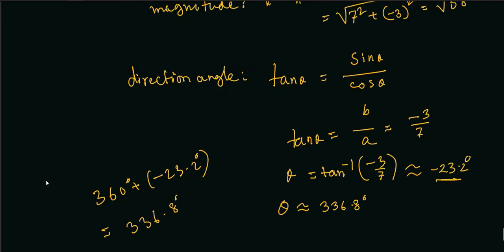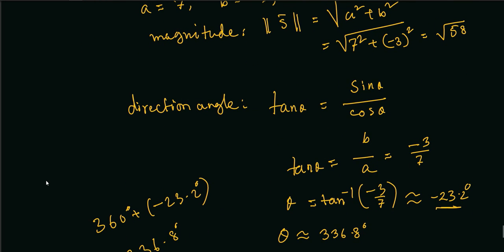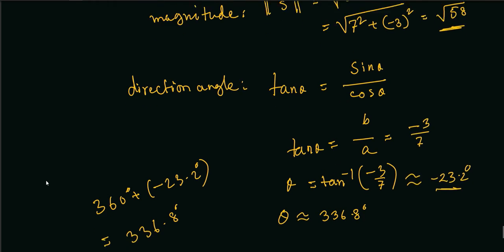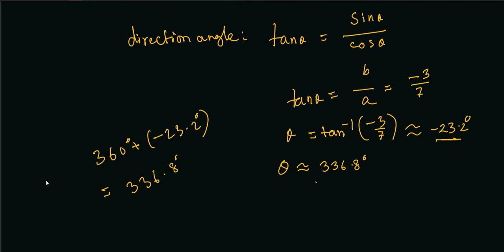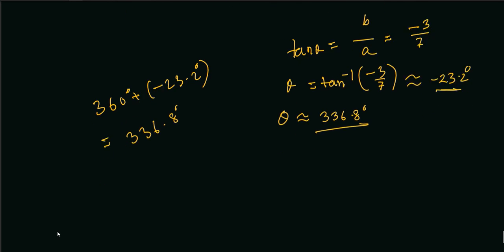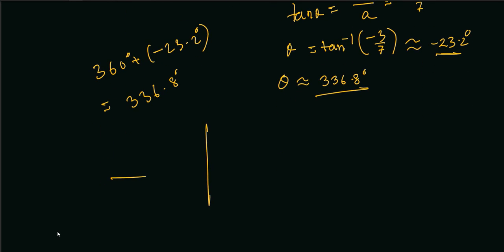So finally the vector magnitude is square root of 58, and the direction is 336.8 degrees. So the vector should be somewhere in the fourth quadrant.